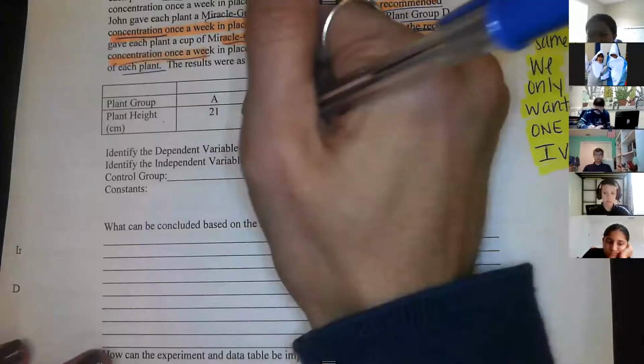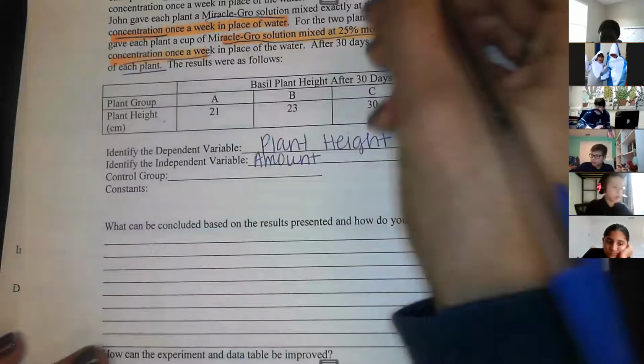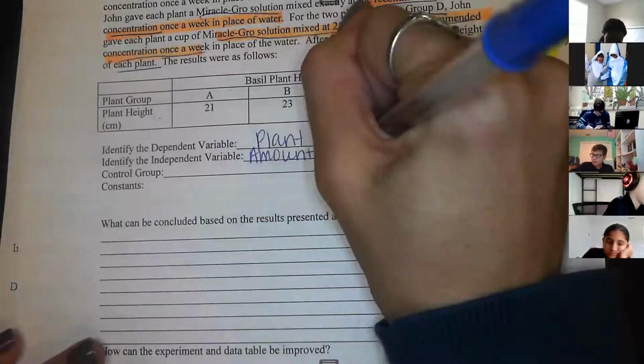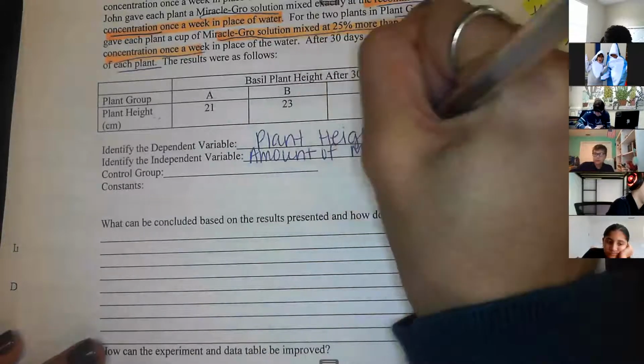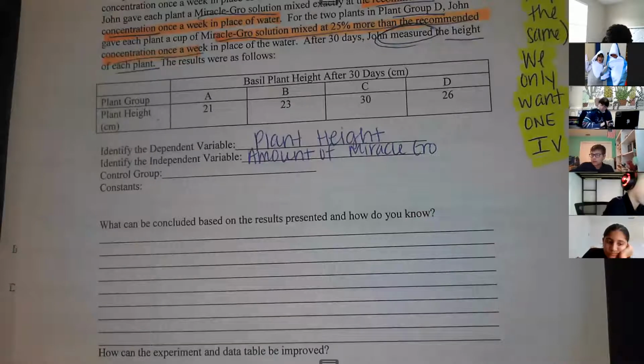Perfect. So I'm going to say the amount of Miracle Grow because some got Miracle Grow and some didn't. So whether it was less Miracle Grow than normal, the regular amount, or more than enough.